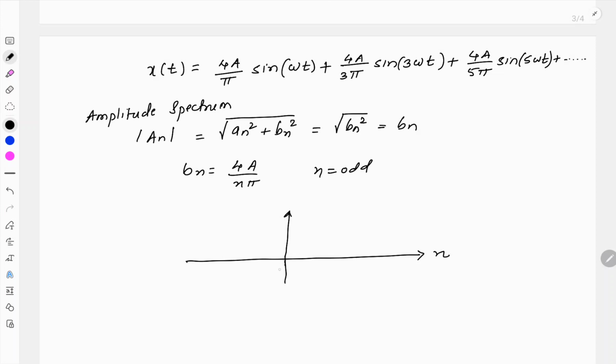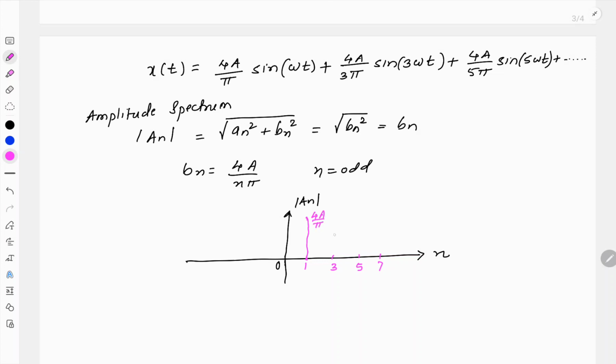This will be our n axis, and mod of an, that is the magnitude spectrum. Here it is capital A, just a representation of the amplitude spectrum. Now if we look at the values of n, only at n equal to odd, so 1, 3, 5, 7 and so on, these values will exist. For n equal to 1 we have 4a upon n pi, and n is 1, so we get a signal of amplitude 4a by pi.